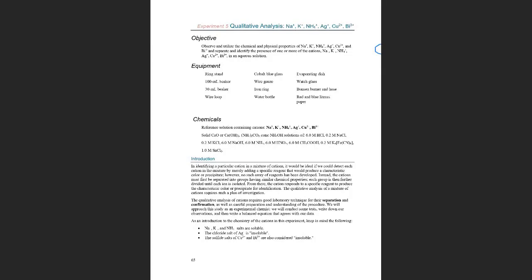So in our case, the first thing we are going to do is learn different chemical reactions that will identify these 6 cations. And then you will be given a sample that has only 3 unknowns, not 6.